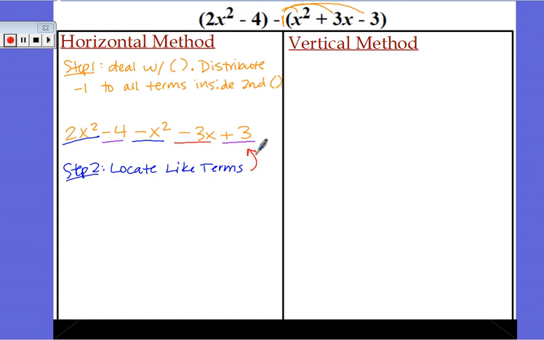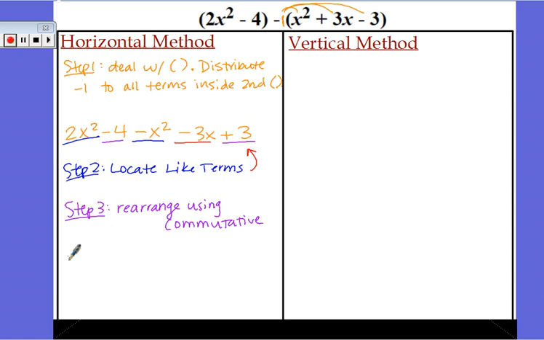So that's us locating our like terms. After we do that, our next step is to rearrange using commutative. So we're going to put the like terms next to each other.